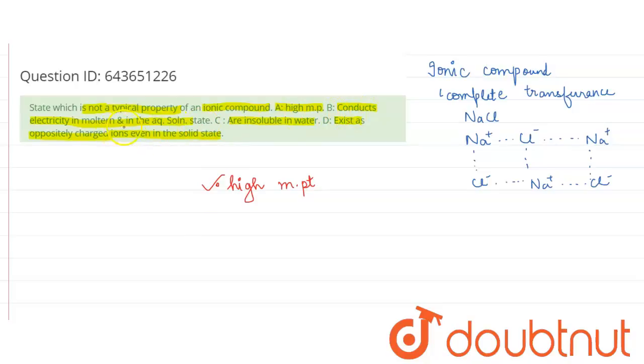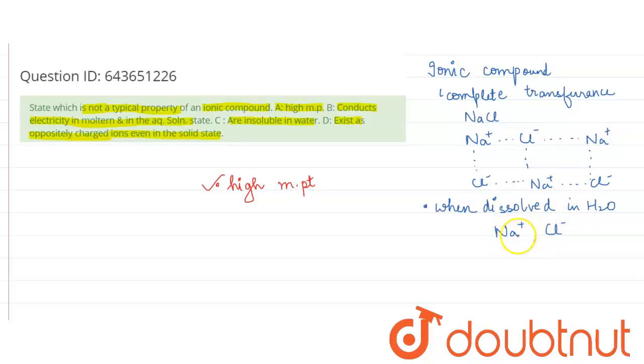Now, conducts electricity in molten and in aqueous solution state. When they are dissolved in water, they exist in the form of their ions, sodium ions and chloride ions. Due to this, they are able to conduct electricity in their molten and in aqueous state. In molten state also they exist as ions, and in aqueous state also they exist in the form of ions.